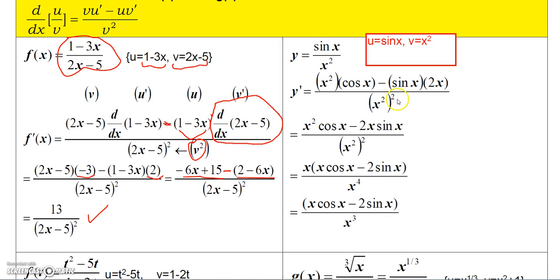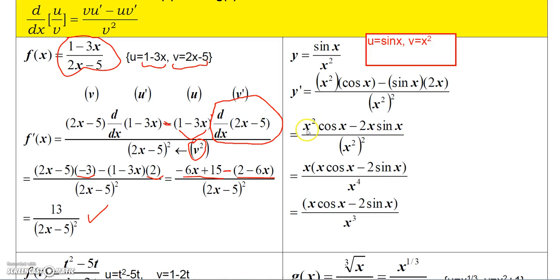That's the v squared. So x squared squared would give me x to the fourth. Not sure why I didn't write it there, but I did write it in this step. Now in the numerator, I'm going to have x squared times cosine x minus 2x sine x.